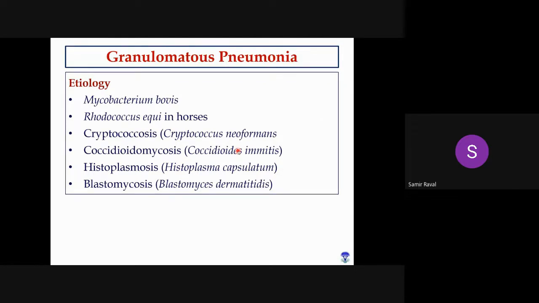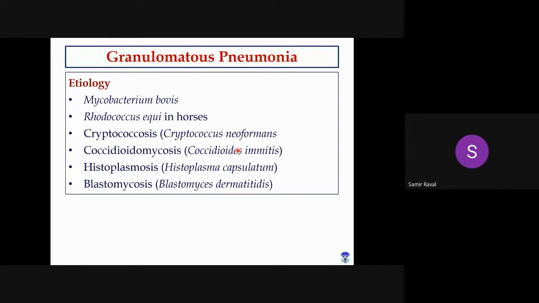Apart from that, in case of horses, Rhodococcus equi is another important pathogen which is responsible for granulomatous pneumonia, and it may also be responsible for granulomatous lymphadenitis or granulomatous enteritis. Okay. Then in case of horses, as well as in some other species, fungi are also responsible for production of granulomatous pneumonia.